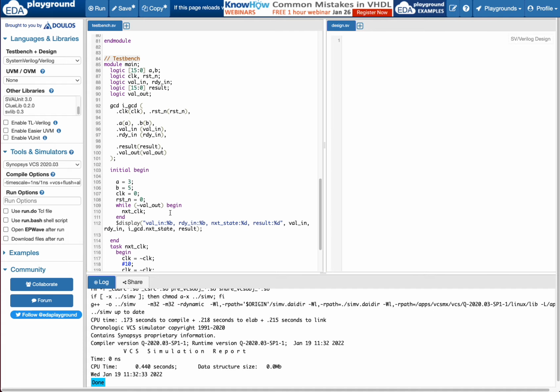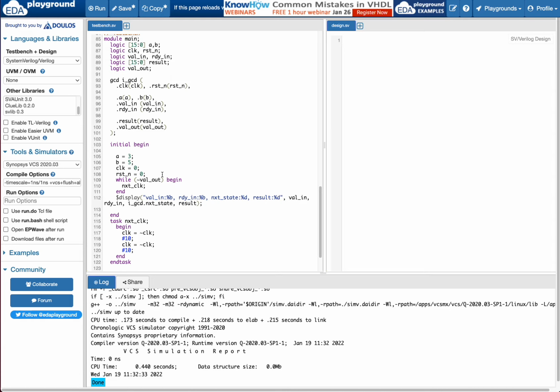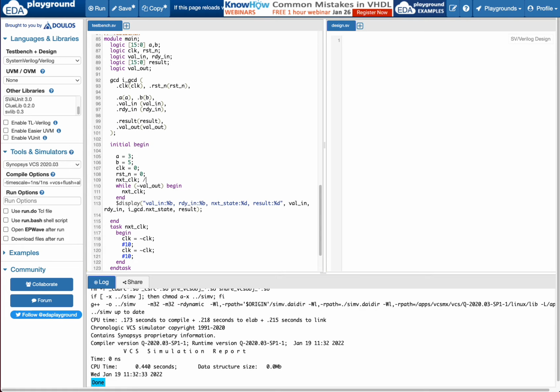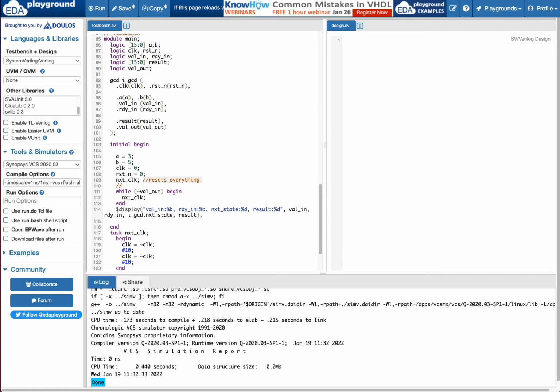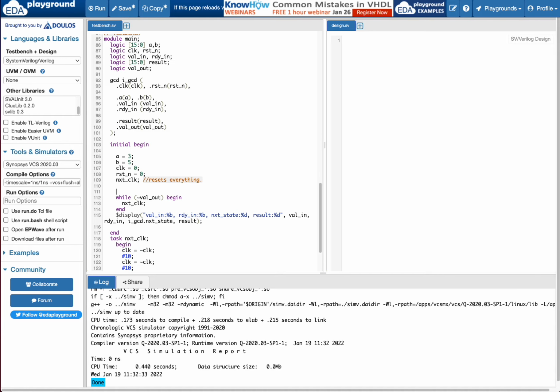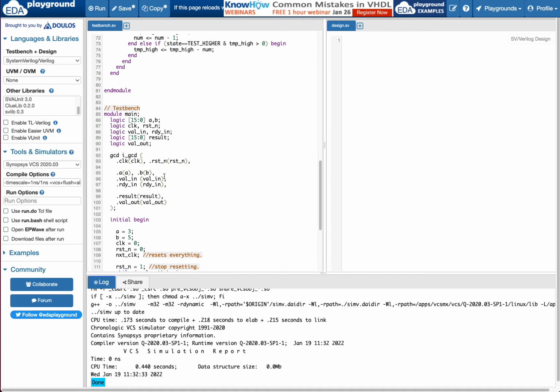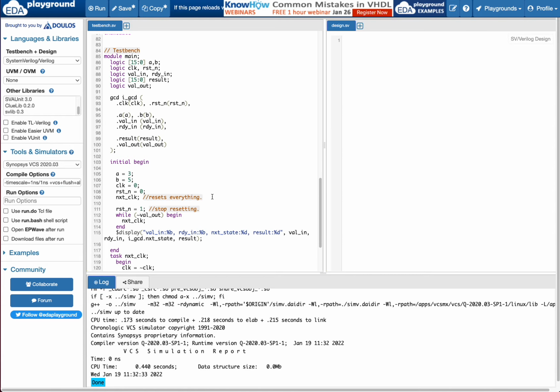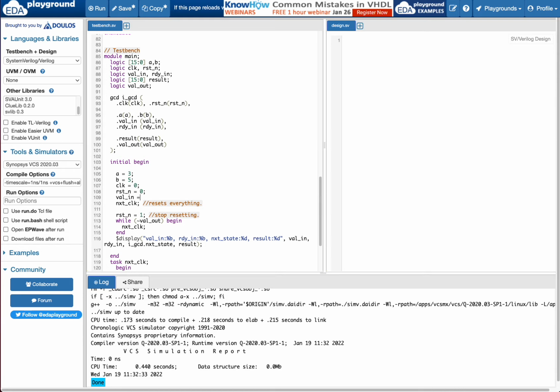Next clock like this, and so this resets everything, and then we also do, and then val in is 1 always, so let's just do this, and then if we ever detect val out, then we're good.